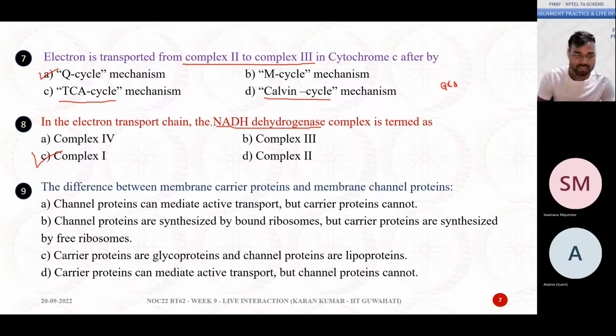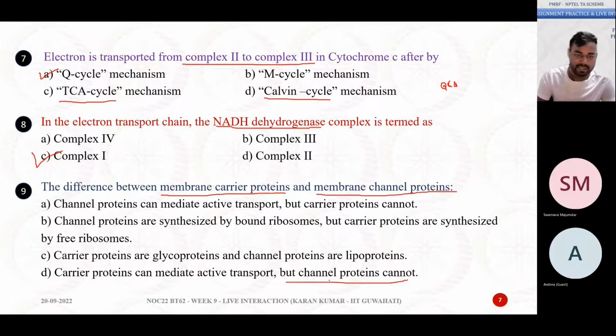Okay. Your next question is the difference between the membrane carrier protein and membrane channel protein. Options: A, channel protein can mediate active transport, but carrier proteins cannot. B, channel proteins are synthesized by bound ribosomes, but carrier proteins are synthesized by free ribosomes. C, carrier proteins are glycoproteins and channel proteins are lipoproteins. D, carrier proteins can mediate active transport, but channel proteins cannot.